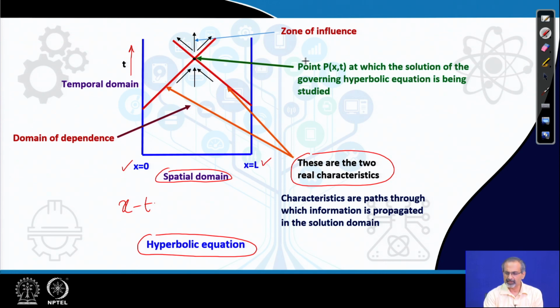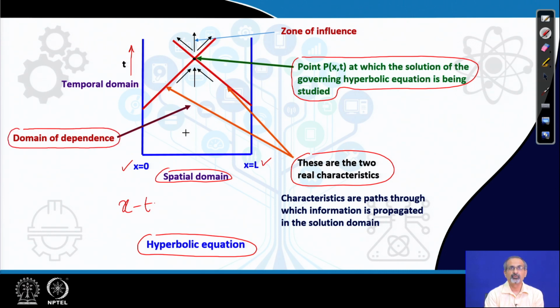And if you are looking at a point P, which has coordinates x t in this plane, at which you are trying to obtain the solution of the governing hyperbolic equation, then you find that these characteristics are defining a so called domain of dependence, which is propagating information into that point, and the solution at that point is dependent on this domain of dependence.